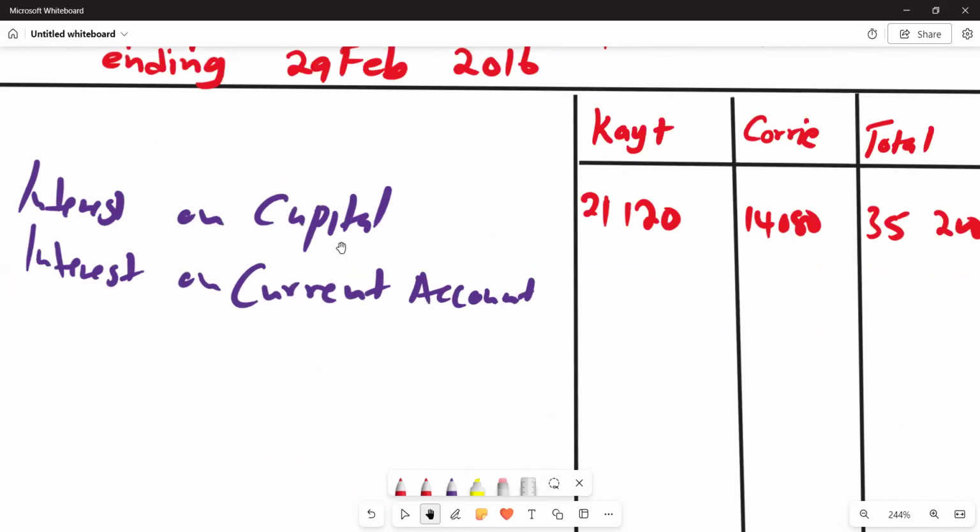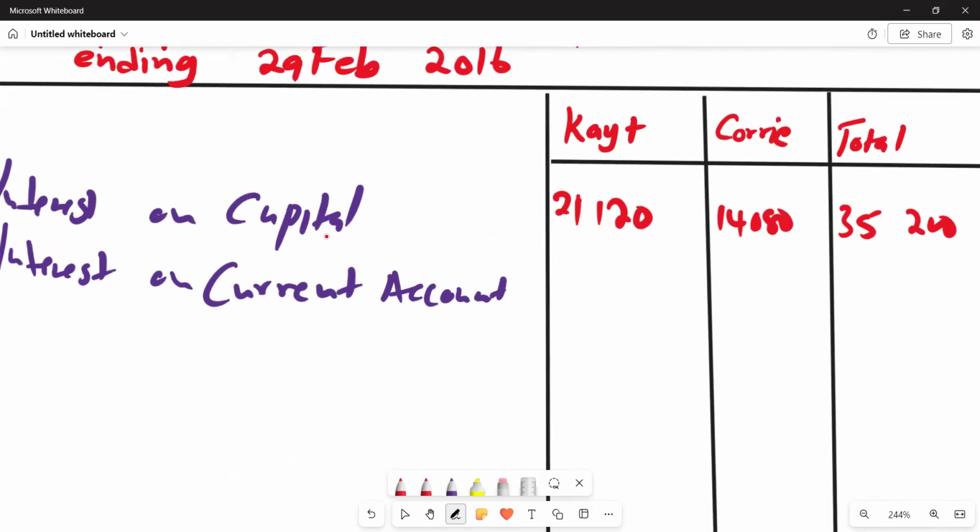For Kate, it's going to be a negative 591, because it's a debit balance in the trial balance. Then for Corey, 765 is a positive. To get the total, we say negative 591 plus 765, and you get a positive 174.